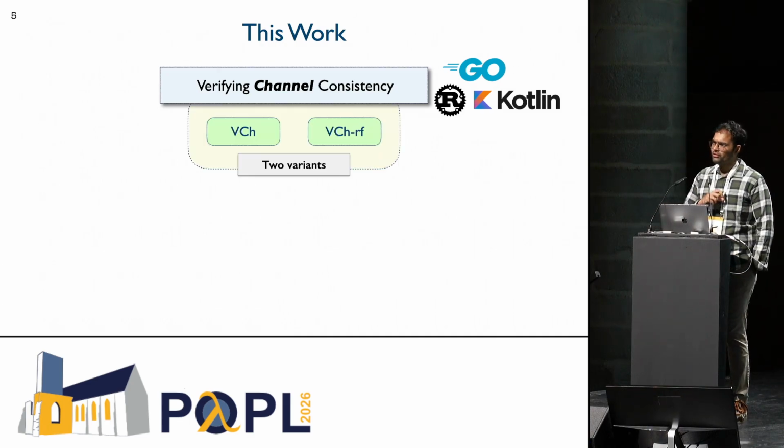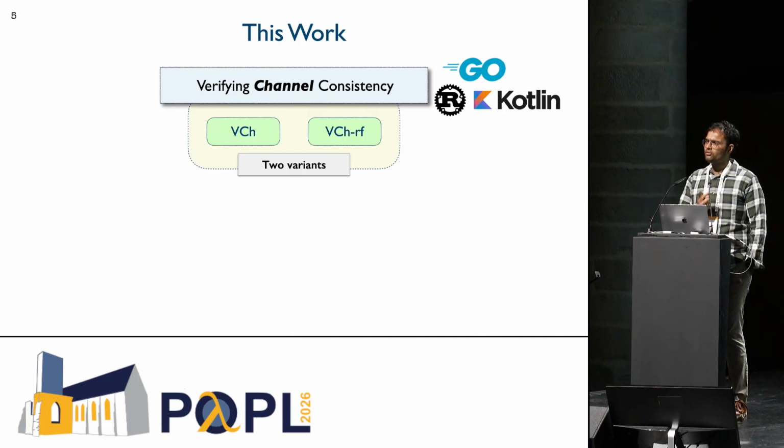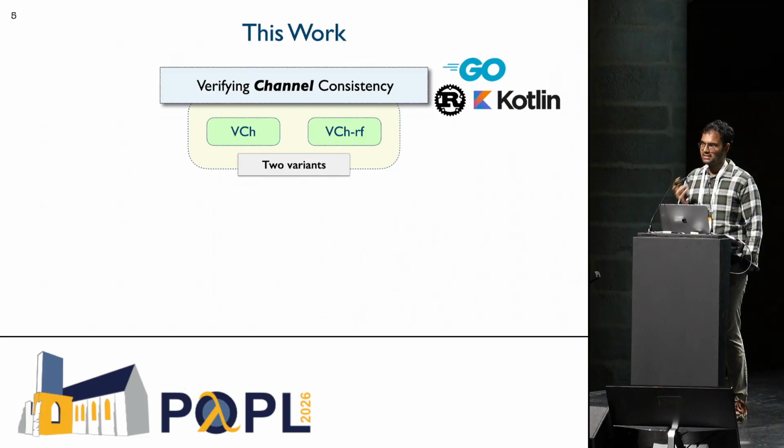We studied two variants of this problem: channel consistency verification, and channel consistency verification under reads-from mapping. These are the two variants that make much sense in the kinds of applications one typically looks at in concurrent program analysis.